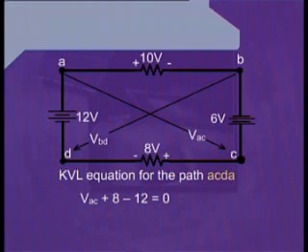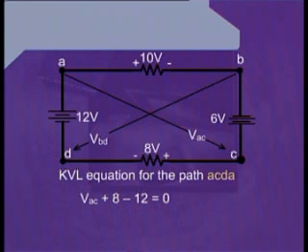After reaching the point D, we will be looking towards the point A. And once again, we encounter a 12-volt voltage source between the points A and D. Also, we can see that the negative terminal of this voltage source has been attached to the point D. Therefore, while looking towards point A from the point D, we can see a negative sign.